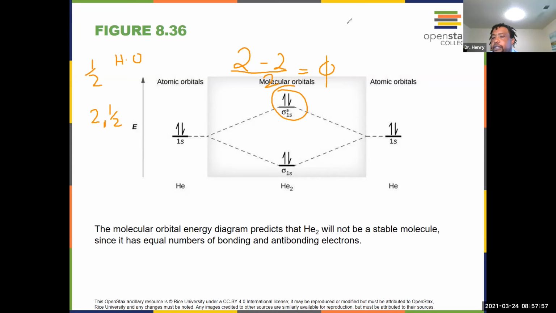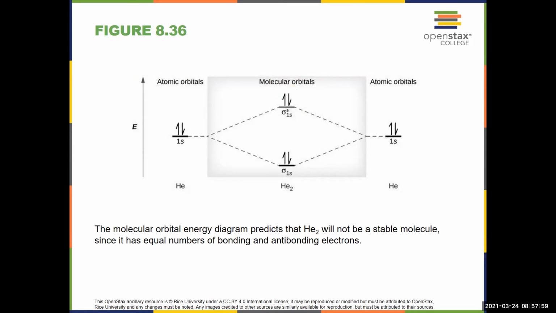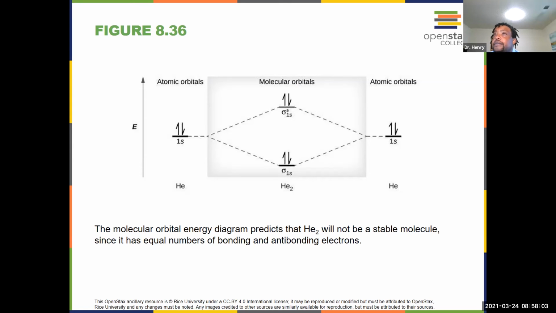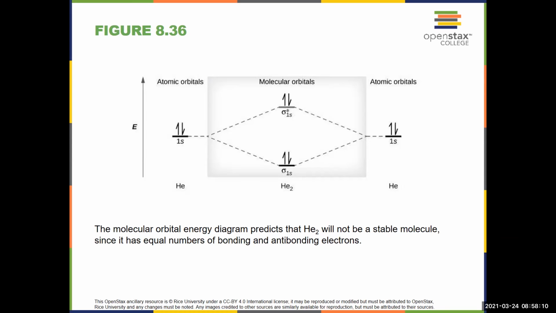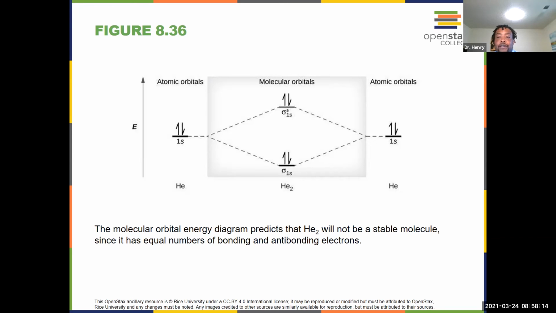Okay, questions, concerns? I see somebody in chat. Yes, is this diagram only for diatomic molecules, or can you use it for anything else? Good question. You actually can use it for diatomic molecules as well as heteronuclear ones, with two different atoms. So we can use it for molecules in general and for compounds.